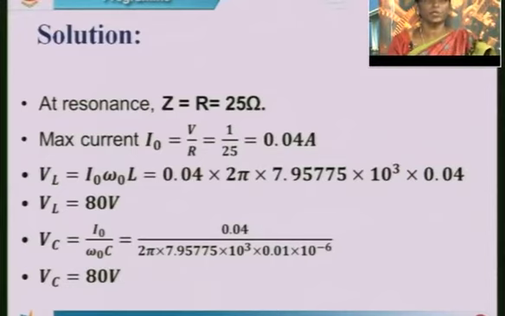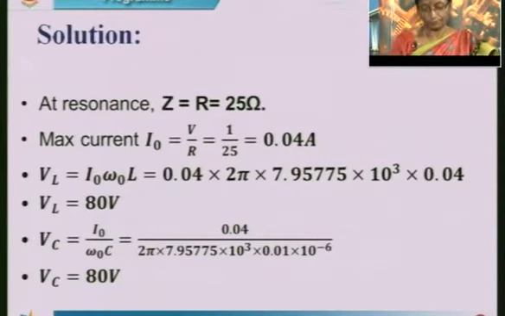In this circuit, the quality factor is 80. It is not calculated here, but if you calculate omega naught L by R, it will give you 80. So VC is 80 into the applied voltage of 1 volt. So VC and VL at resonance are magnified by the quality factor times.